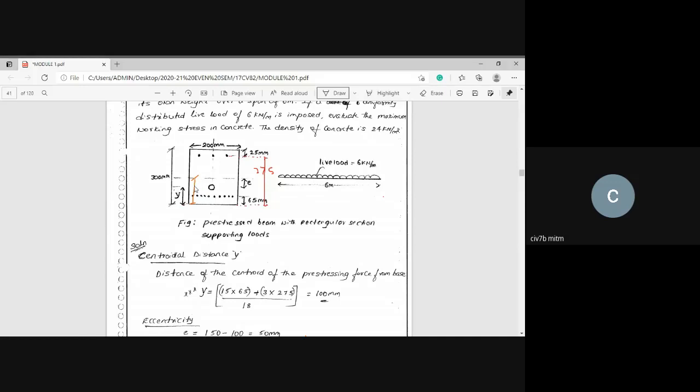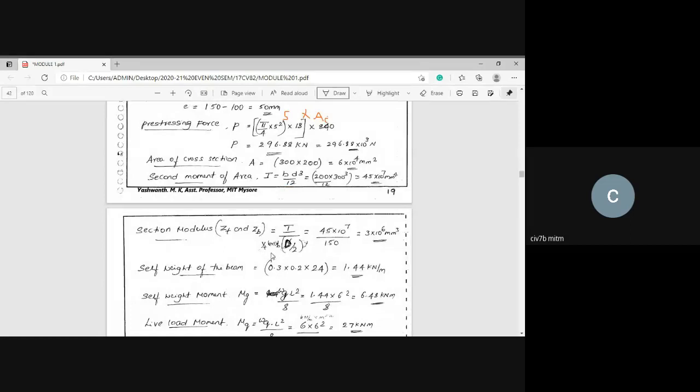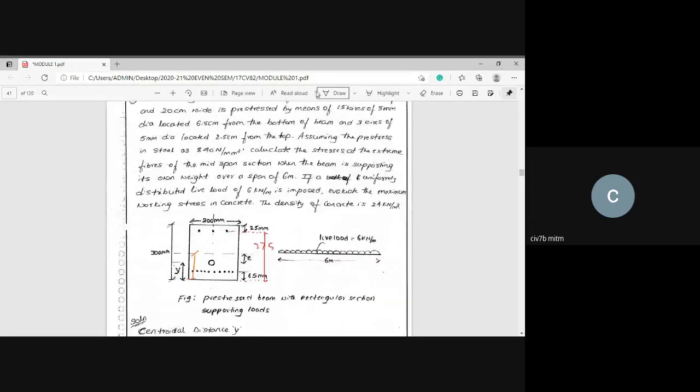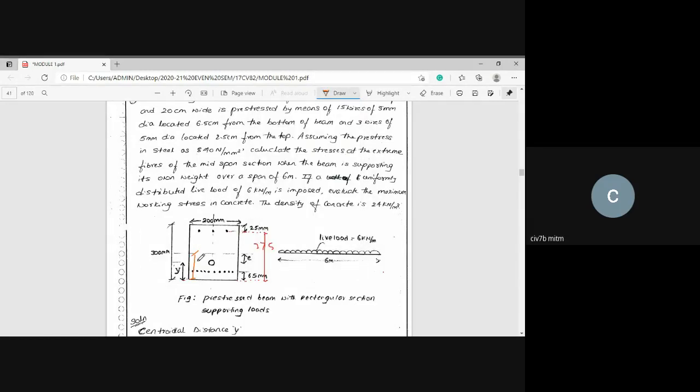Because the neutral axis distance, the depth of this particular section being 300 millimeter, the neutral axis lies exactly at the middle, 150, 150. So since YT and YB are same, please note down, this one is called YT and this one is called YB.